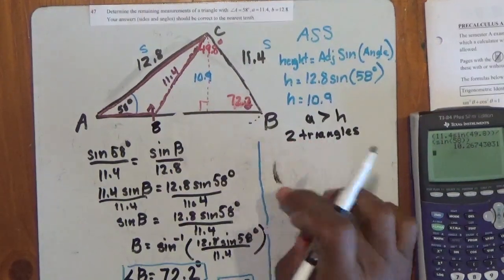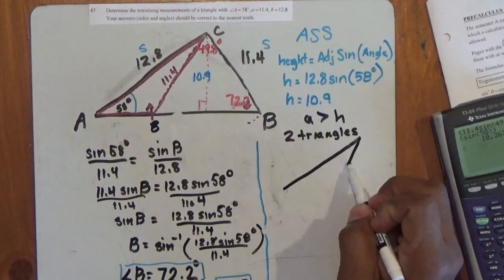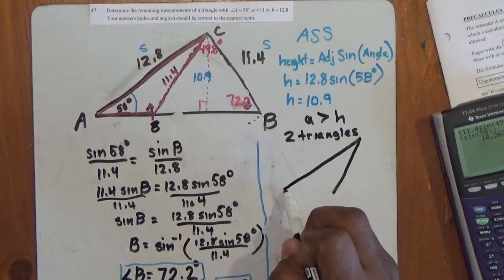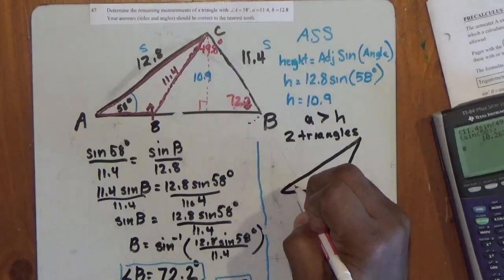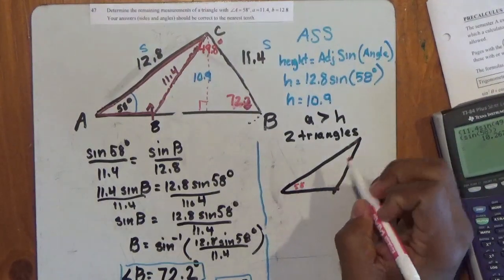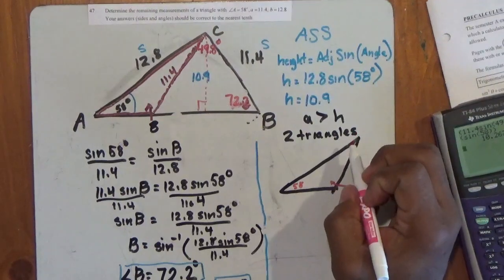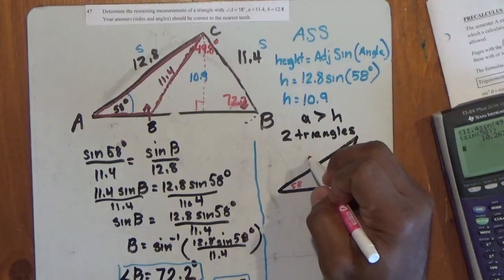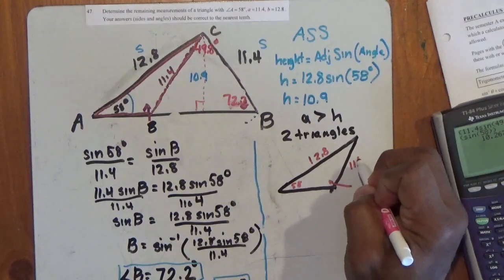So let's draw that triangle. The values we have are 58. We don't know this yet, but we're about to find that. We know that this is 12.8, and we know that this is 11.4.